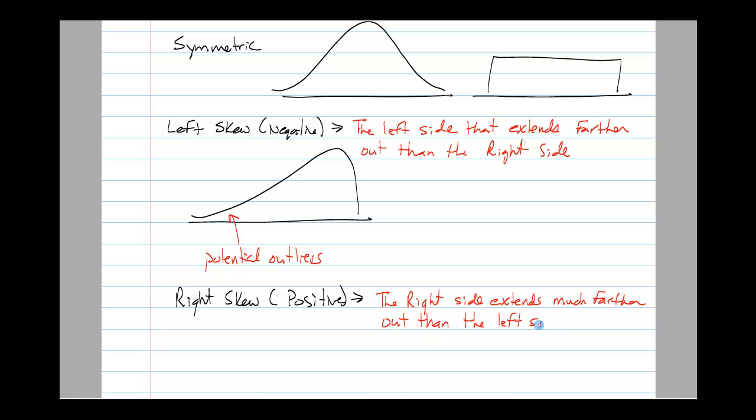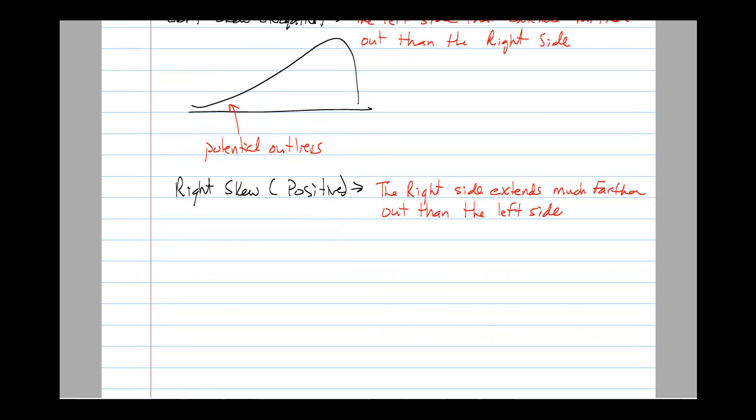It's going to be important that you be able to talk about these different shapes of distributions and also draw graphs that are right skew, left skew, etc. Again, potential outliers are on the right, values that are not toward the bulk of the data. All of these are unimodal and they're all single peaked. And again, the side of the skew is the side of the tail of the distribution.